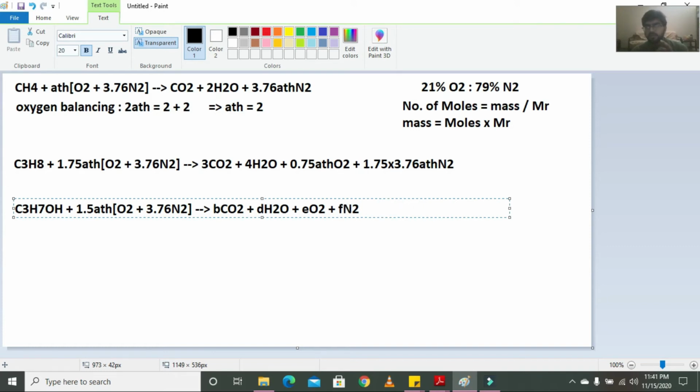Instead I'm just going to write it like F moles of nitrogen. The reason we are writing each mole as a variable in this question is because we had an oxygen atom in the fuel molecule as well, and we will have to balance it, and we cannot balance it by just mentioning the actual number of moles which would have formed.